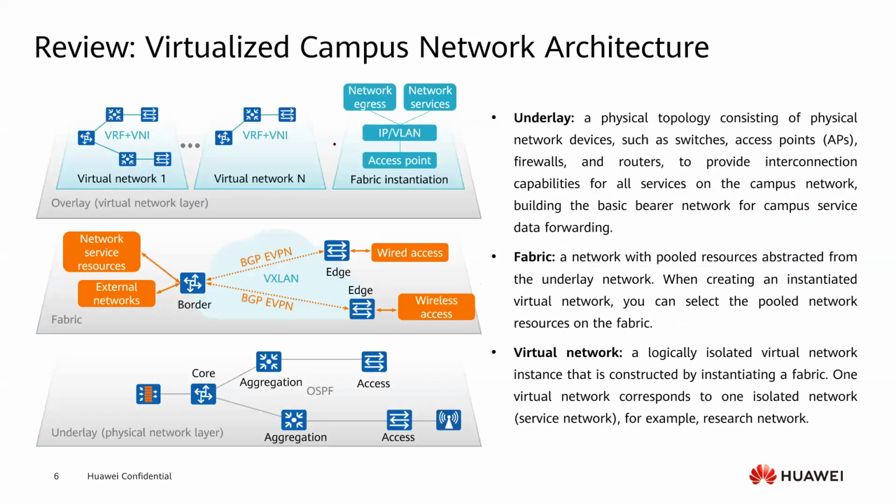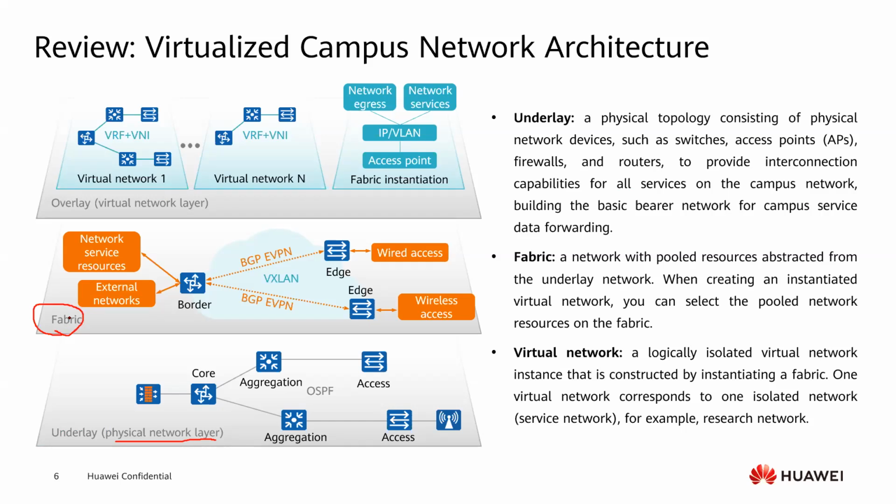And this is the whole virtualized campus network architecture we introduced yesterday. We separate the whole network into three layers. The physical network layer just achieves the interconnection between the physical devices, and over it we create the network resource pool, which we call the fabric layer.